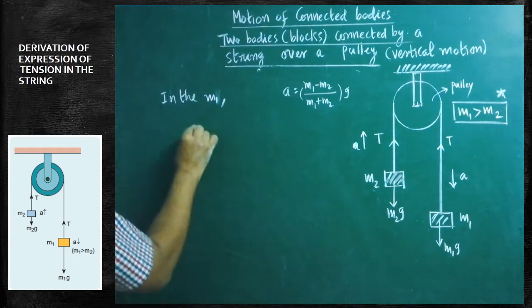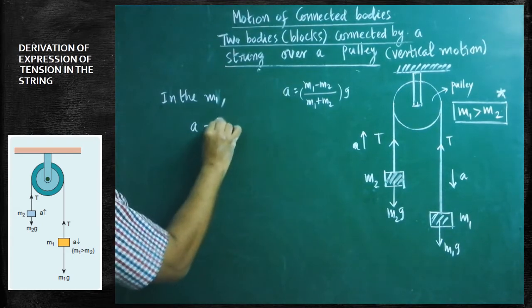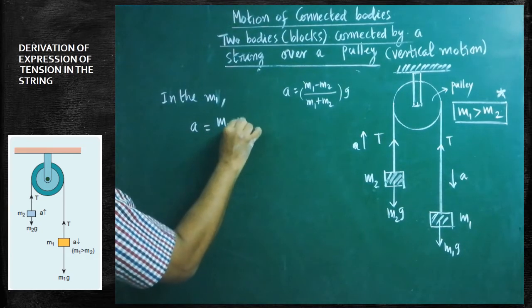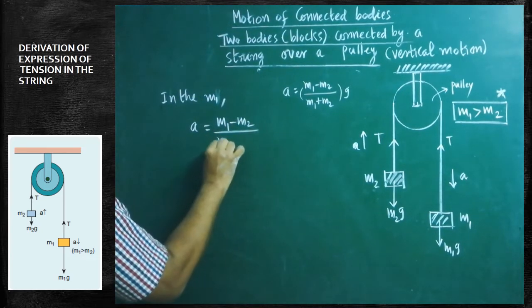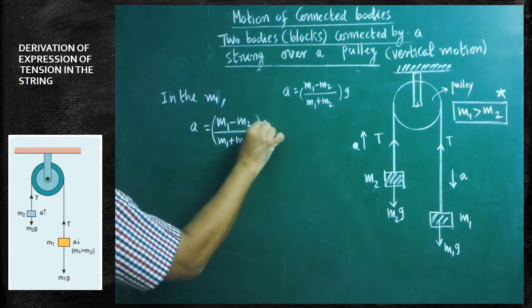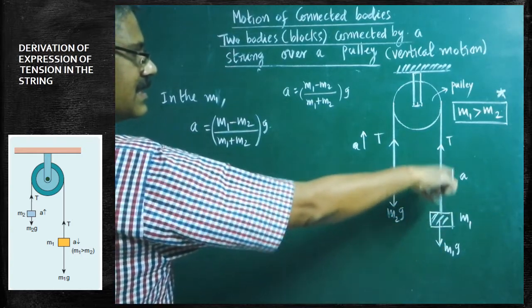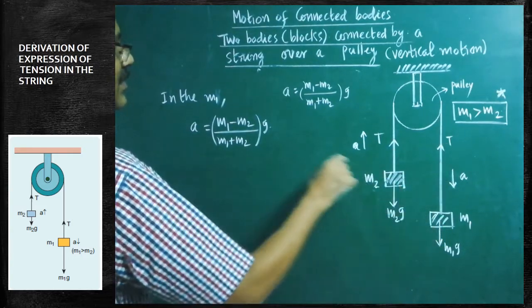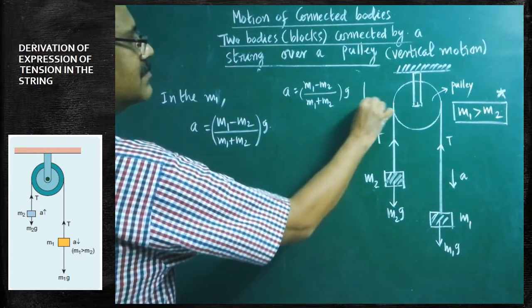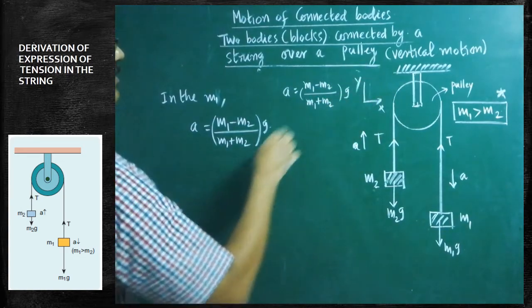Look at that. a is equal to, the same expression, magnitude wise they are the same: (m1 − m2) divided by (m1 + m2) within the bracket, and g is also there. In the case of m1, it is acting downward; with the Cartesian coordinate system x and y, it is acting in the negative direction.